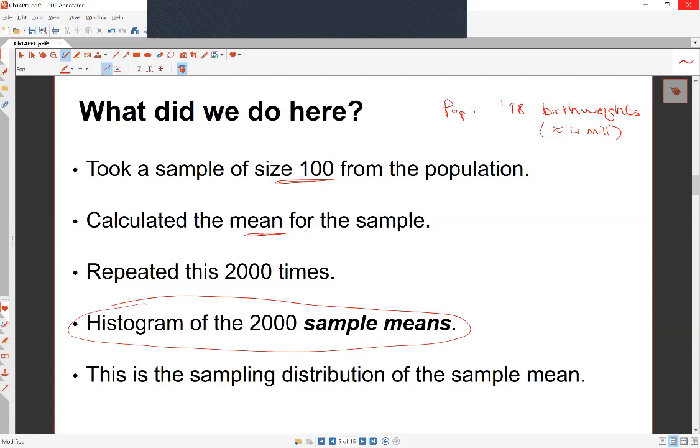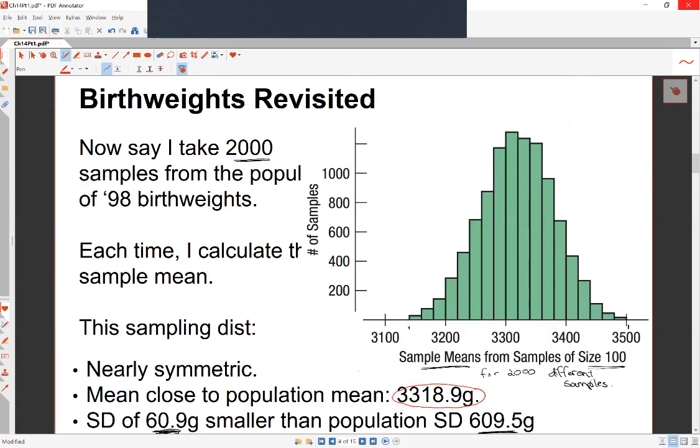So we're able to construct here a histogram that shows us how much variation we're going to see in sample averages. And the bottom line is the sample averages vary a whole lot less than just individual observations.